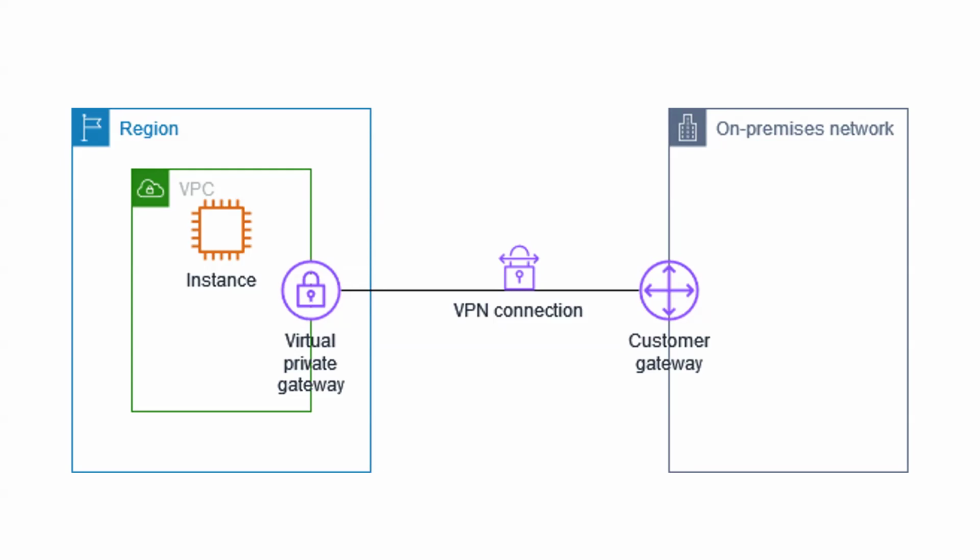And of course, important to remember, the virtual private gateway gets set up inside the VPC, and the customer gateway gets set up inside your AWS account, but both point to the VPN device inside the corporate data center. The customer gateway only targets the instance created in the on-premises network.